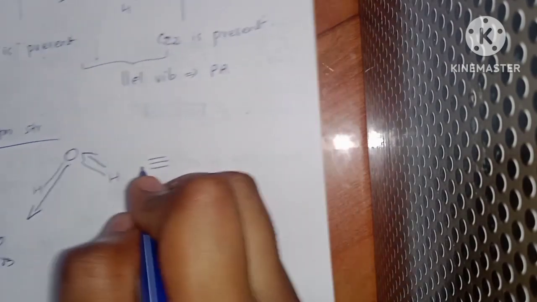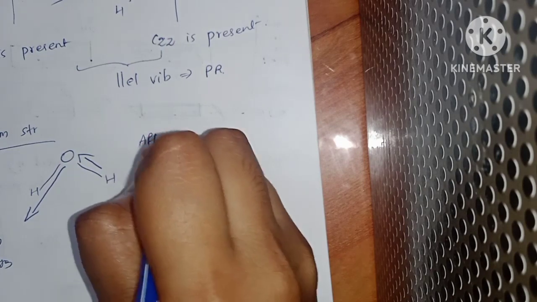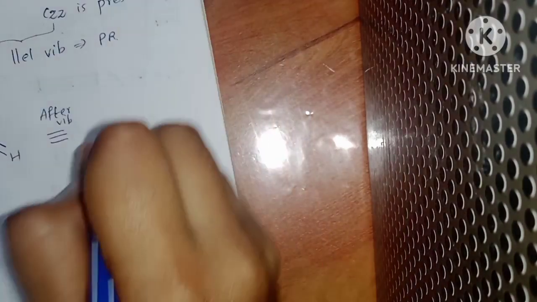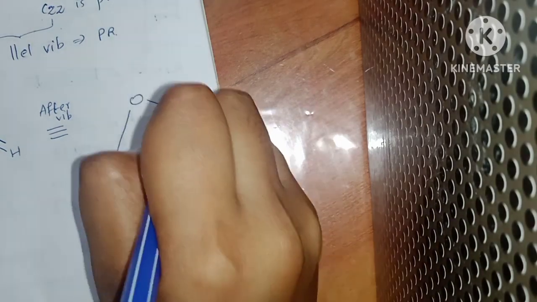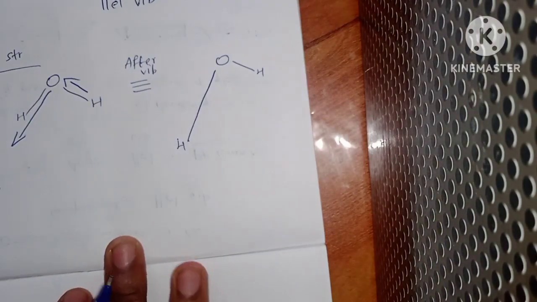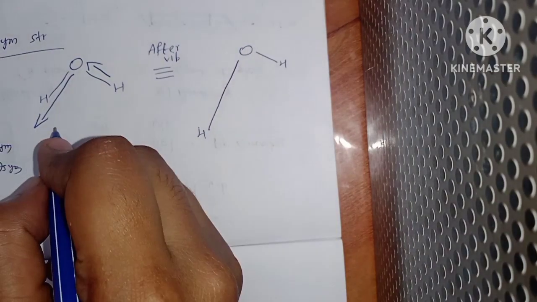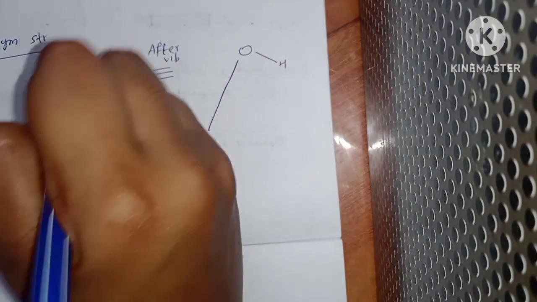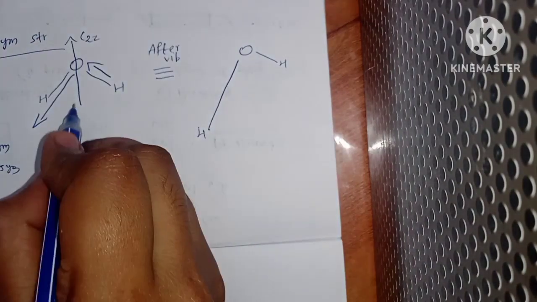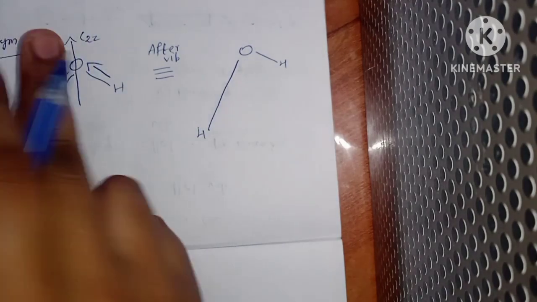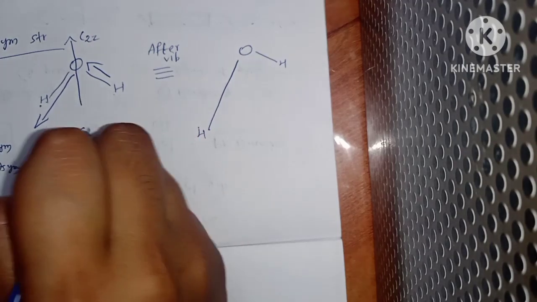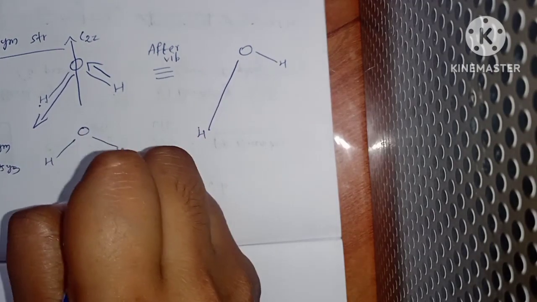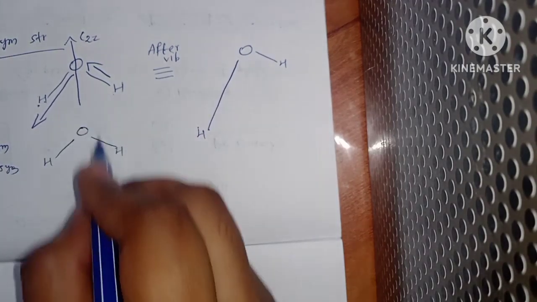So after vibration, it will look like this: this bond is lengthened and this bond is shortened. Now we are checking whether C2Z is present or not. C2Z is present before vibration because after 180 degree rotation, this hydrogen will go here and this hydrogen will go here, but the orientation looks the same. Both are equivalent.